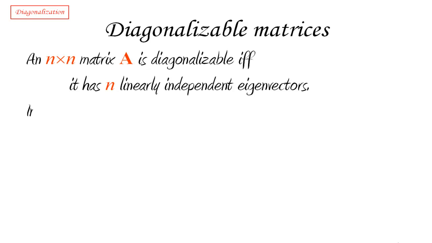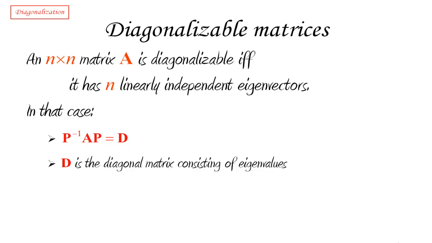How do I do that? Here it is. In that case, our matrix A is going to be transformed to a matrix D by using an invertible matrix P in this way. Well, first of all, D is the diagonal matrix consisting of the eigenvalues of A.